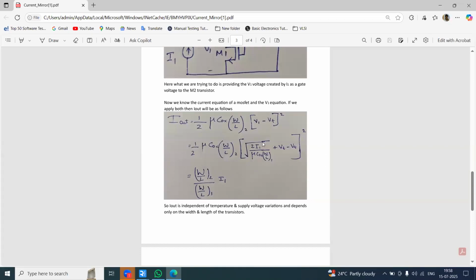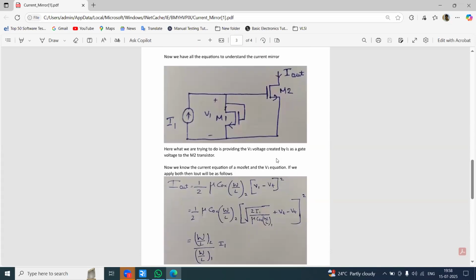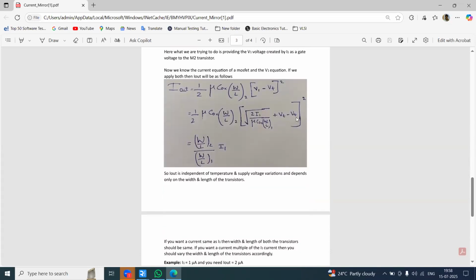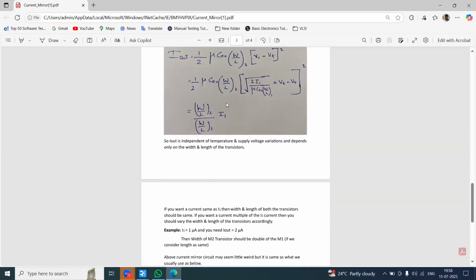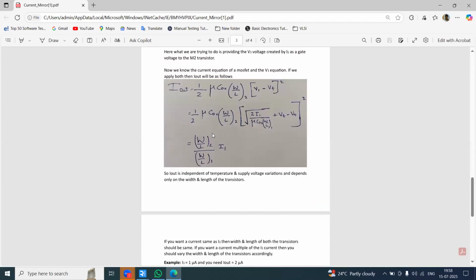So we are substituting this V1 value here, and V1 gets cancelled. Here we have plus Vt and here we are subtracting this Vt. So in this formula we substitute that value instead of V1, and everything gets cancelled, leaving W by L of the second device divided by W by L of the first device into the I1 current.